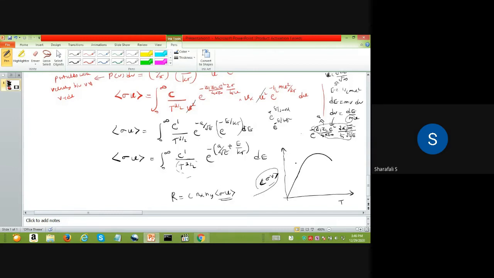Before that, this rate is increasing with the temperature because the average value of sigma v is increasing with temperature up to some range, and then it starts decreasing. Then that nuclear fusion rate also gets decreased.